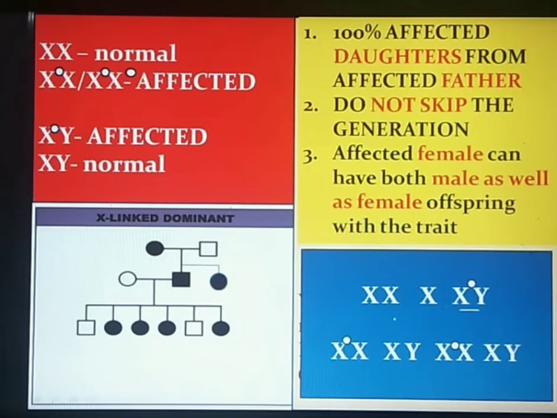So when this X chromosome fuses with the X chromosome of the female during gamete formation, all the females will get that disease, because the females will have one X chromosome from the father and the other X chromosome from the mother.